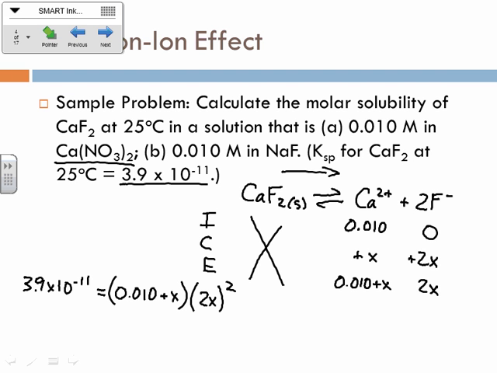So our simplifying assumption comes to the rescue again here. This is a small Ksp, right? Small K, so we can assume that the amount of calcium 2+ that comes from the dissociation of the CaF2 is not that much compared with the amount that we already have in the solution. So 0.010 plus x, we'll just call that 0.010, and that's going to make this a lot easier.